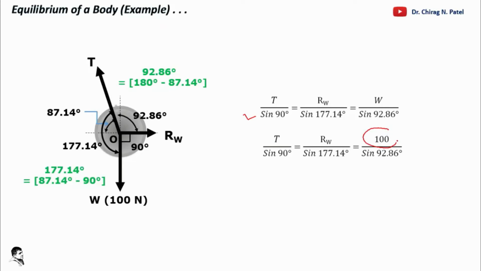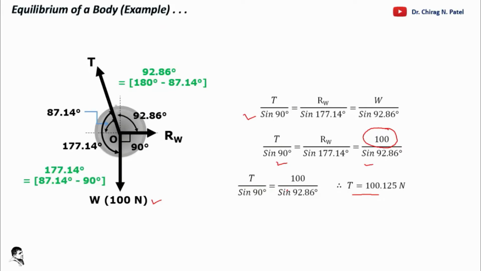You put in one value of the force, that is 100 Newton, given as the weight of the sphere. You can resolve the first part, T and 101, and come out with the answer. The tension in the string is 100.125 Newton.